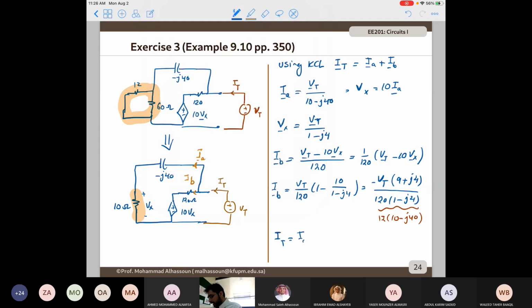So IT will be IA plus IB. So it's going to be VT over 10 minus j40, plus 1 minus 9 plus j4 divided by 12.